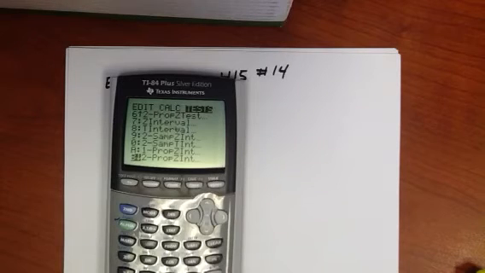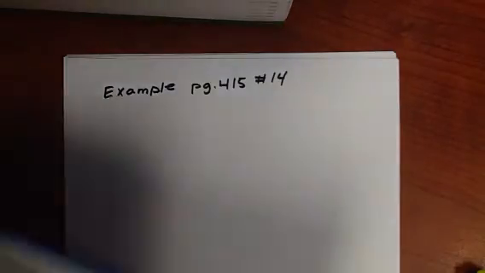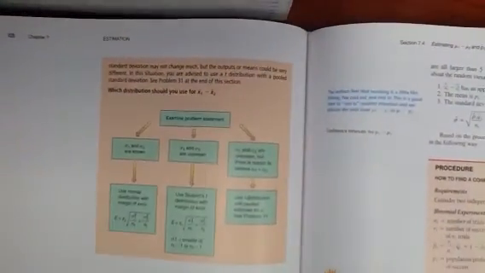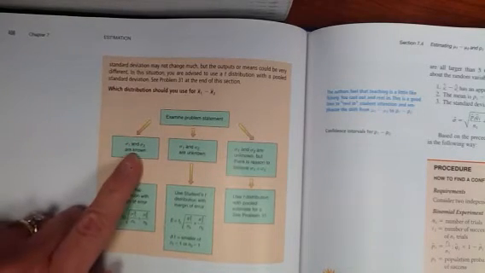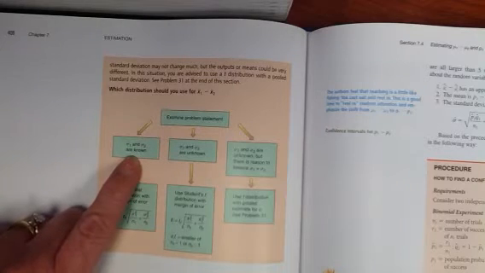There is a page in your textbook with a nice diagram showing you how to determine what problem you're using. We read the problem and determine there are 2 samples. One sample would be the last section. Once we read the problem, we ask, are sigma 1 and sigma 2 known?